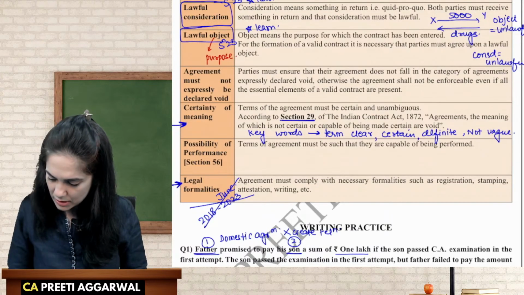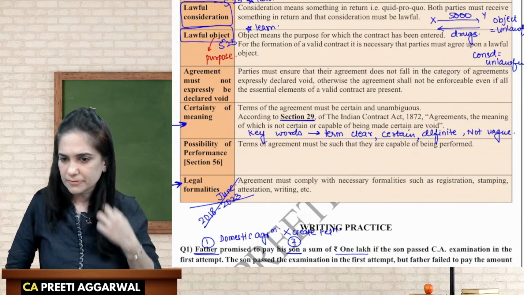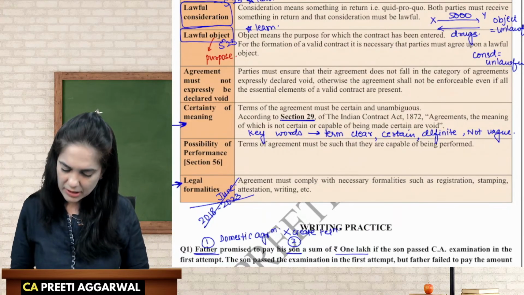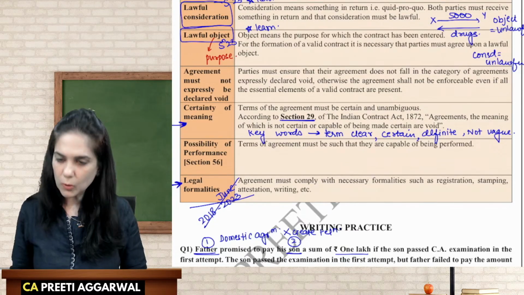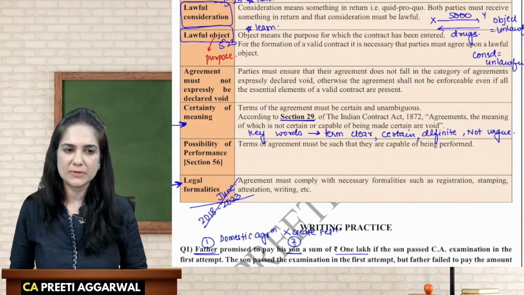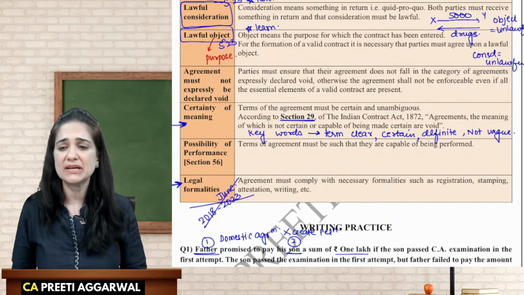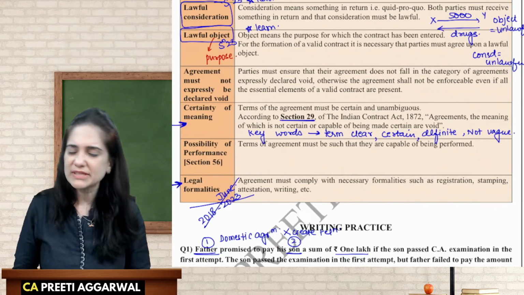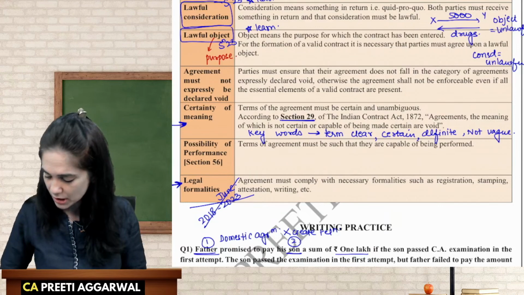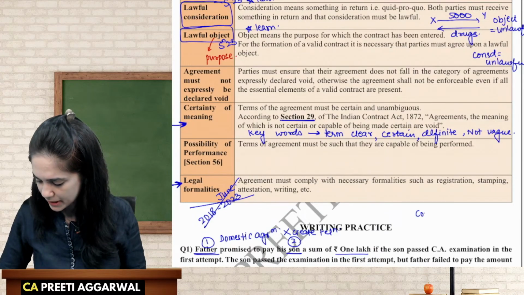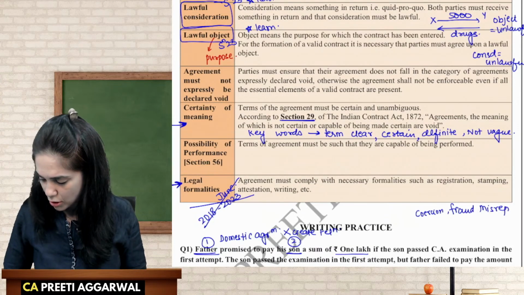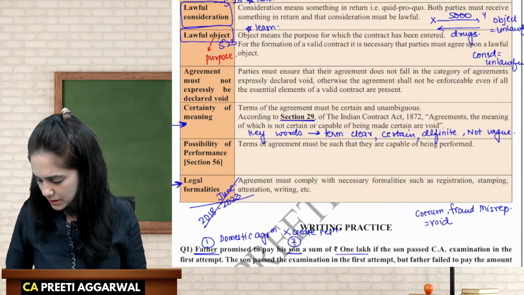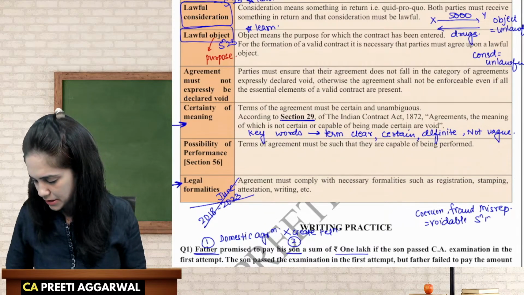To be a valid contract, section 19 is voidable. The contract where consent is obtained by coercion, undue influence, fraud, misrepresentation, the contract is voidable. ये दिया है section 19 में. Undue influence section 19A में covered है. So in case the consent is obtained by coercion, fraud, misrepresentation, the contract is voidable. ये दिया है section 19 में.